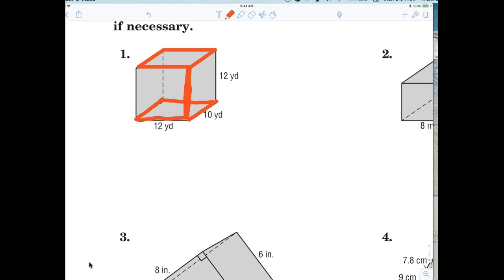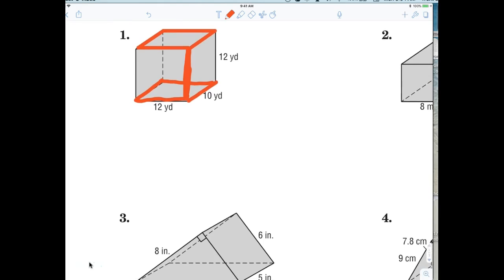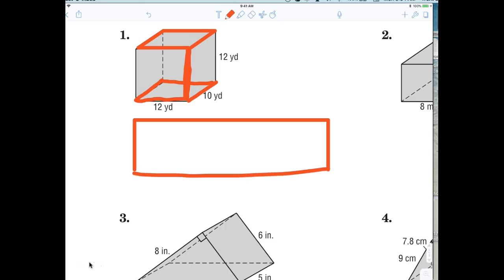Now please watch what I'm trying to show you. When I lay it out, I want you to understand that that would be the cardboard. Think of it as like a cardboard box. Everybody agree with that?